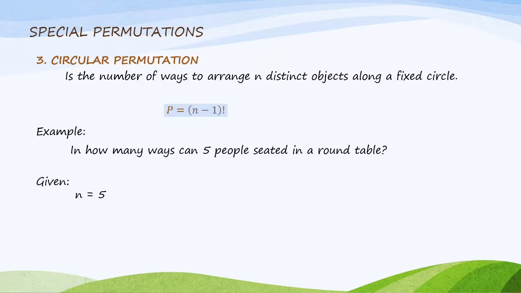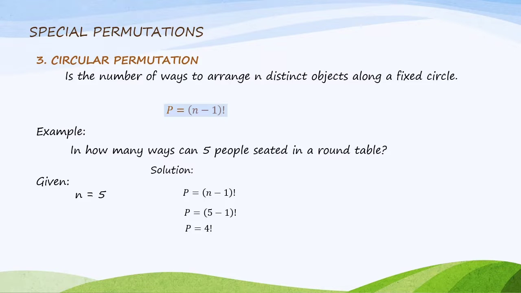So the given is n equals 5, since there are 5 people seated at a round table. So for the solution, we use the formula P equals the quantity of n minus 1 factorial. All we have to do is to substitute the value of n to the formula. So P equals the quantity of 5 minus 1 factorial.